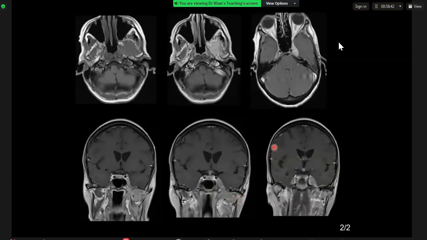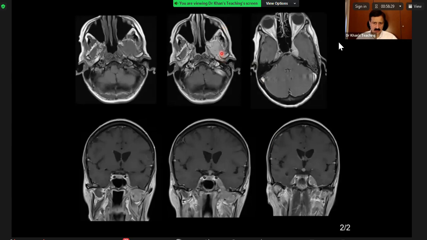So I can see there is iso-intense T1 and hyper-intense T2 lesion involving the muscle. So this is post-contrast sequence, right? Yeah, there is enhancement. Please continue.